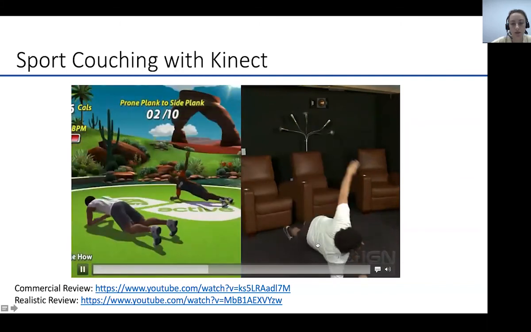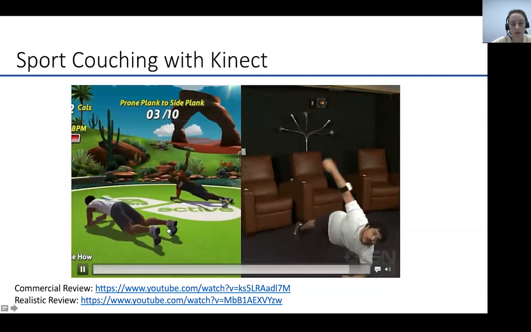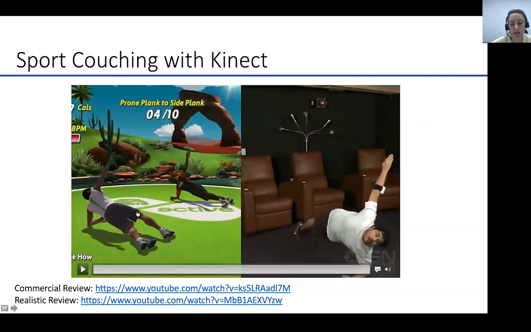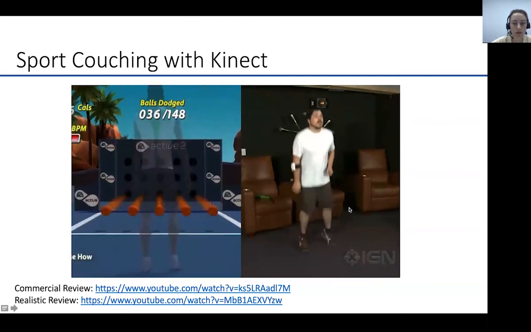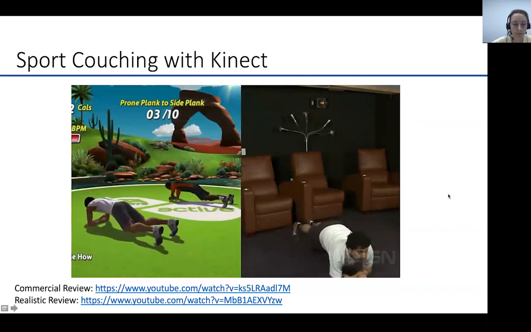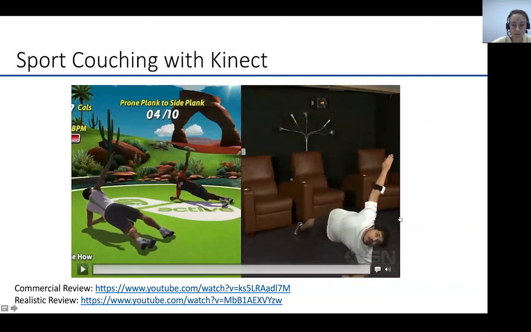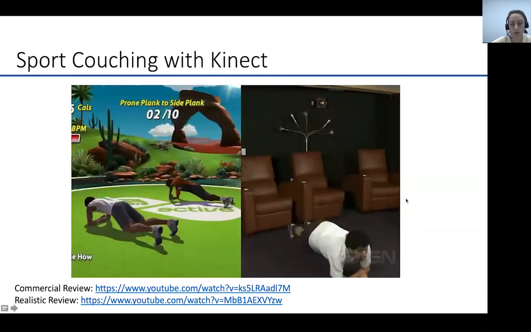The guy is doing something. His virtual avatar does the same, and then he receives feedback from the trainer whether he does something correctly or not. Maybe he should do something differently. But this still doesn't work very, very well. But at least some research was done.